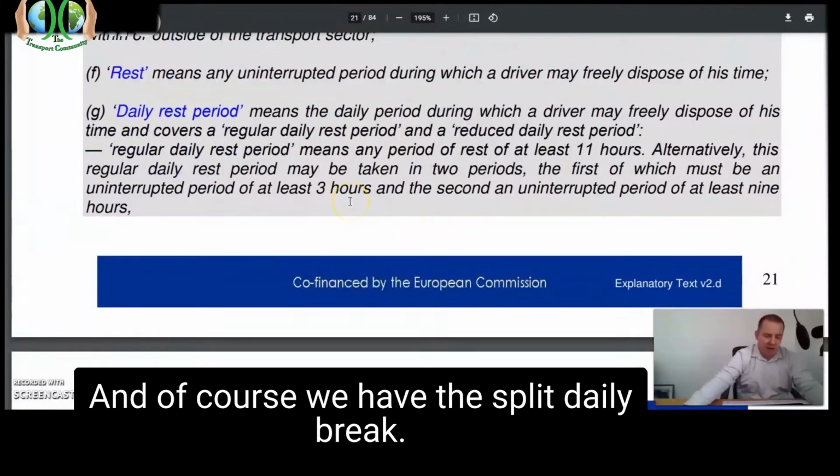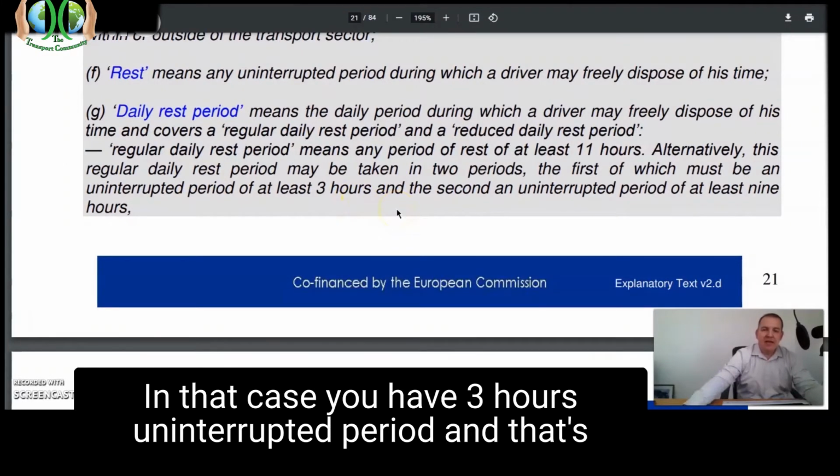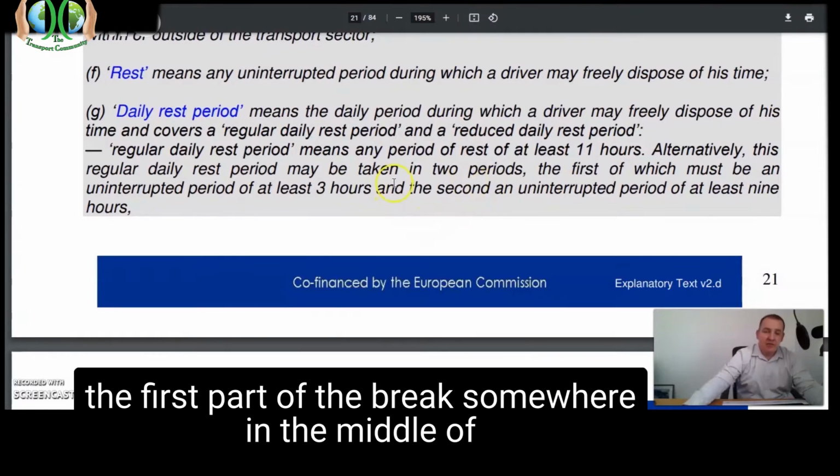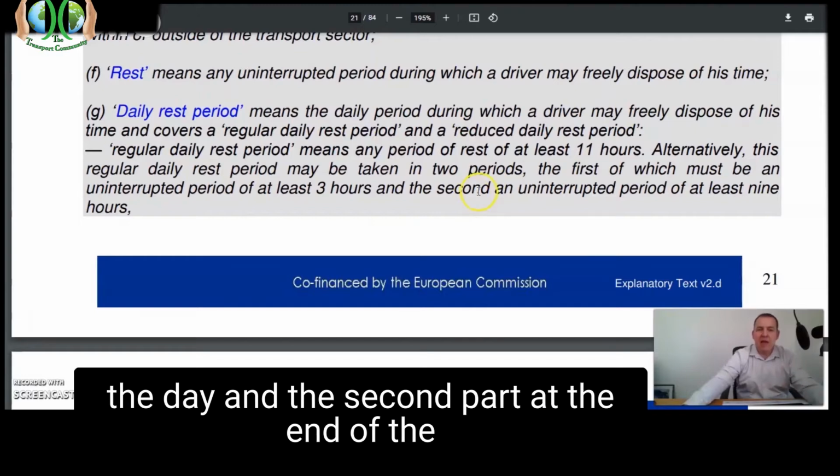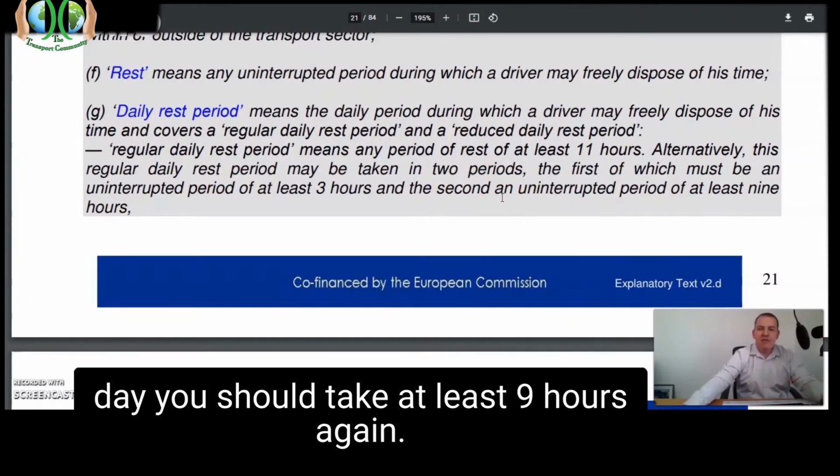Of course we have the split daily break. In that case you have a 3 hour uninterrupted period, which is the first part of the break, somewhere in the middle of the day, and the second part at the end of the day.